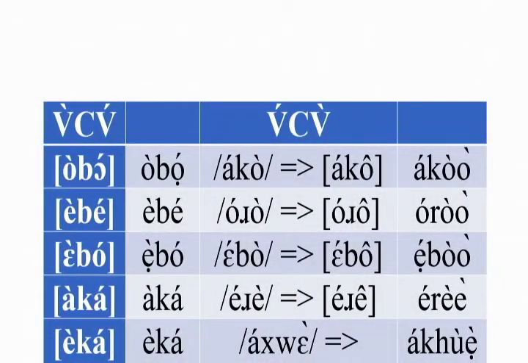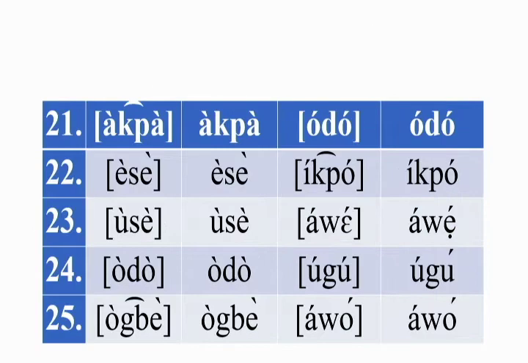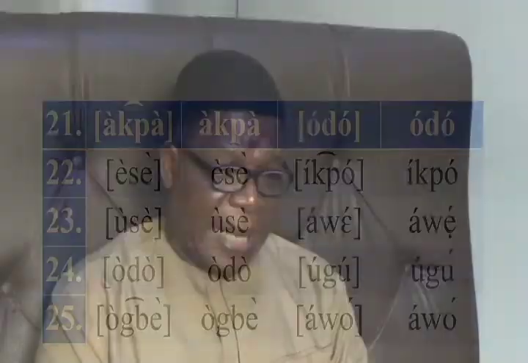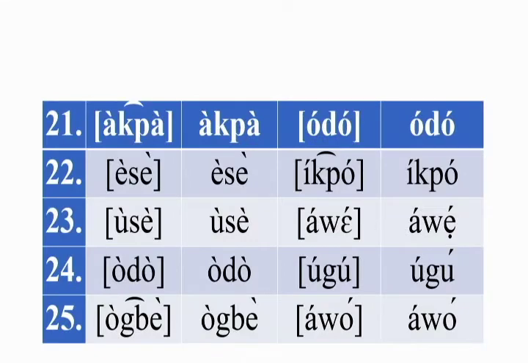So we have there examples 1 to 25, for each of the low tone patterns and then high tone patterns. So you have there 21 to 25, apa, ese, use, odo, obe.